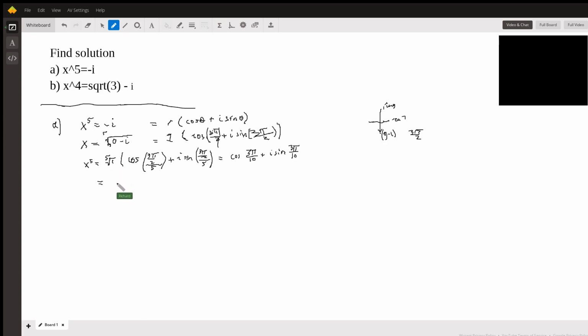But the rest of it is going to look like the cosine of 3 pi over 2 plus 2 pi, all over 5, plus i times the sine of the same thing: 3 pi over 2 plus 2 pi, over 5.